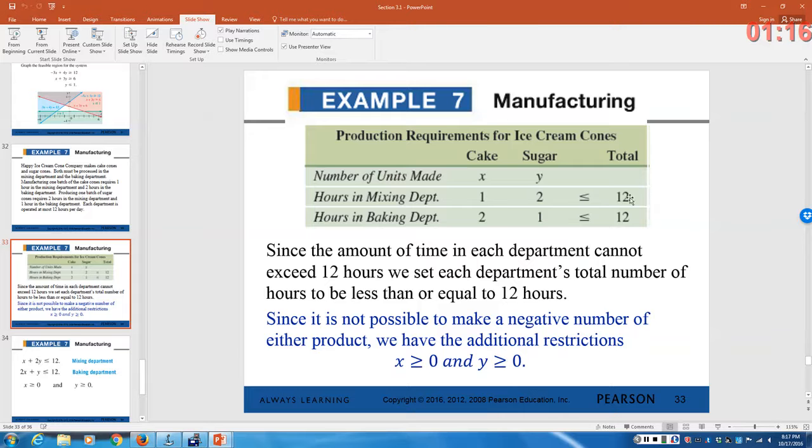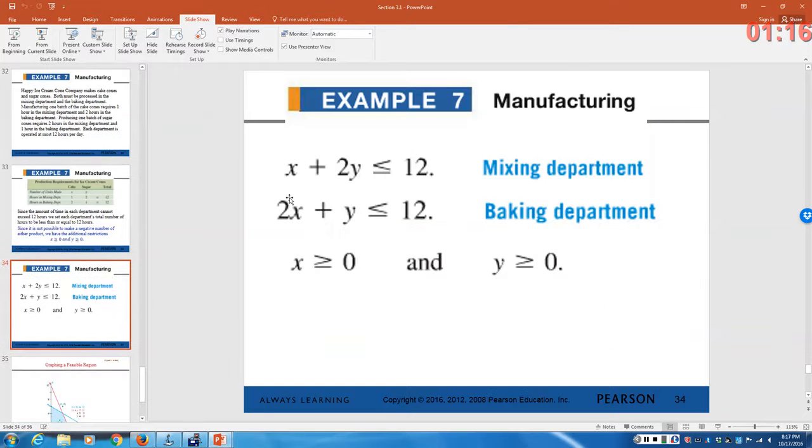So from this first row, from the second row and the third row, we get these 2 equations. The mixing department is 1 for the X cones and 2 for the Y cones. It has to be equal to or less than 12. And remember that X is cake and Y is sugar cones.